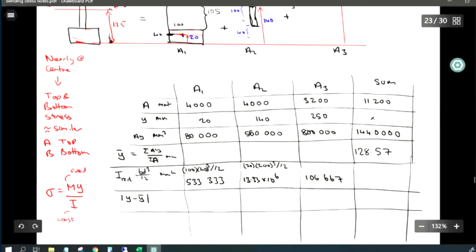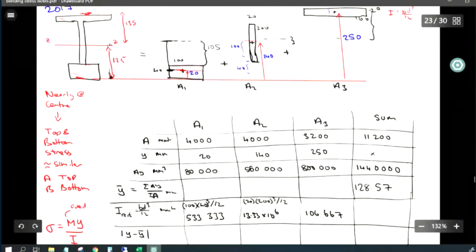So, okay, the first one, if that's 128.57, then the other one is, so that minus 250. 60, is it? 60. 131.42.